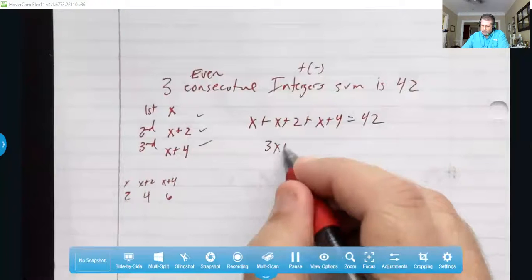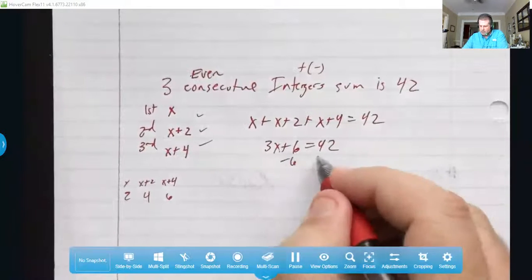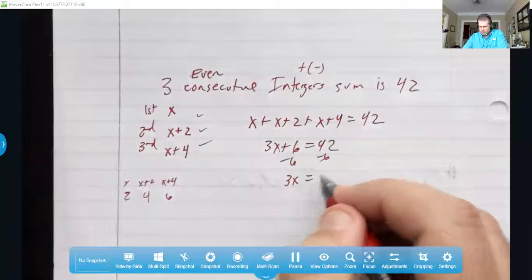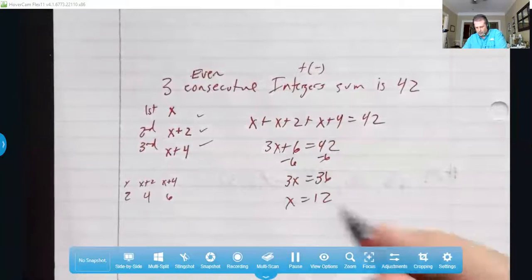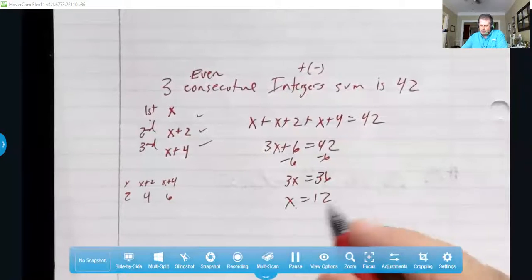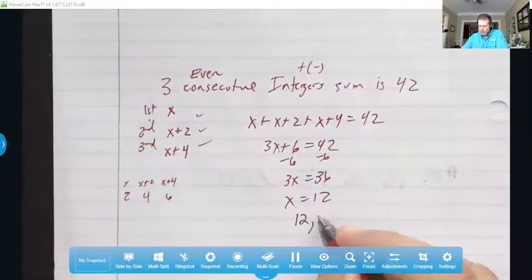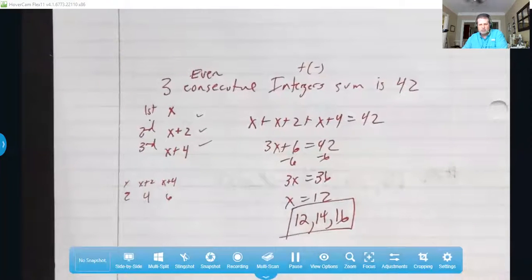That's going to be 3x plus 6 is equal to 42. Subtract the 6. 3x is equal to 36, which means x is 12, which, remember, is my first integer. So the second one is add 2 after that, so that's 14, and then 16, and there are my 3 consecutive integers.